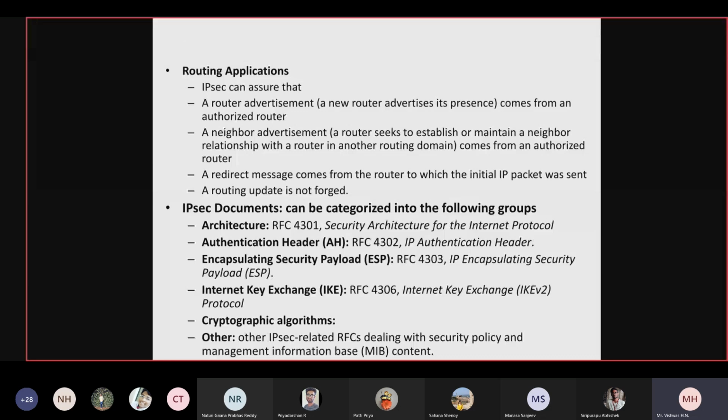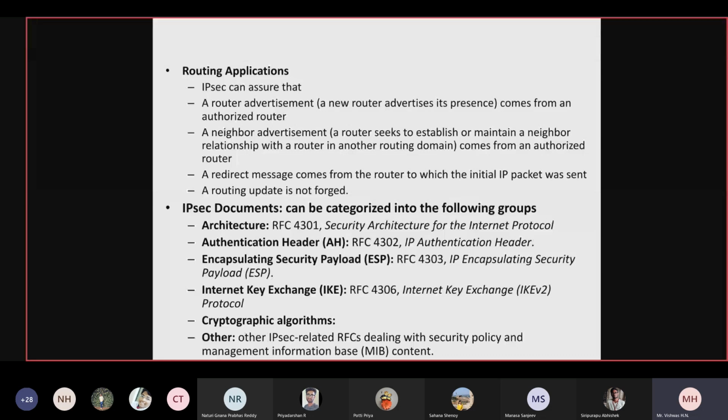Encapsulating security payload will provide confidentiality, and to an extent it will provide authentication also. That's why some networks use only ESP. Because ESP will definitely provide confidentiality, and to some extent authentication, but it cannot provide authentication as the authentication header does.